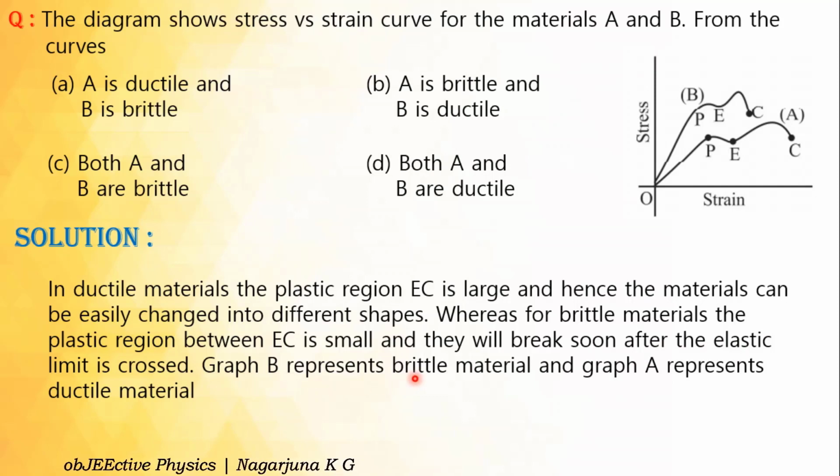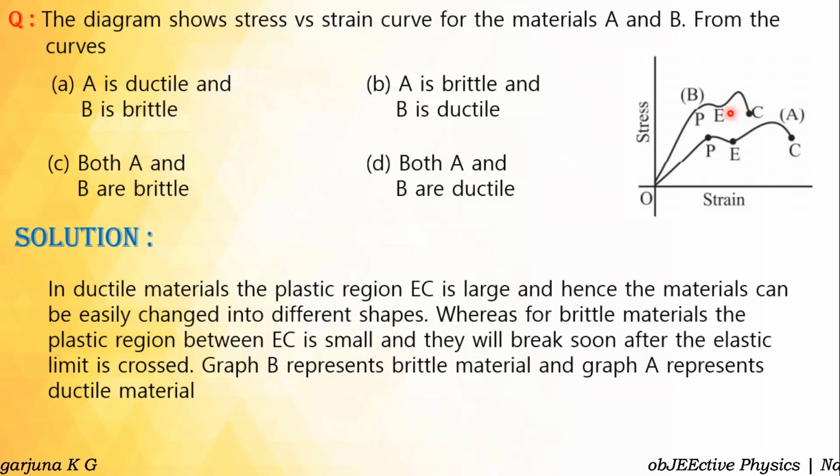Graph B represents brittle material and graph A represents ductile material. This is the theory behind stress strain curve. So in case of stress strain curve, this is the distance between E and C. Distance between E and C decides whether the material is ductile or brittle.